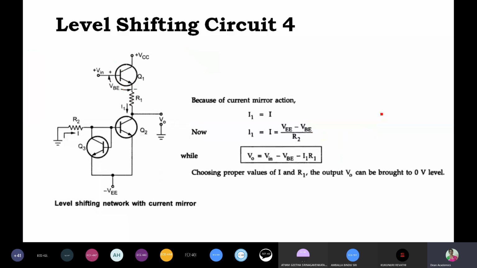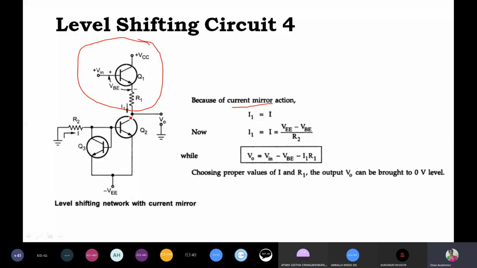Now let us come to the next circuit. This is level shifting circuit 4. You just observe, it is the same emitter follower circuit. In the other part of the emitter follower, previously there was a constant current source, but now a current mirror circuit is connected here.